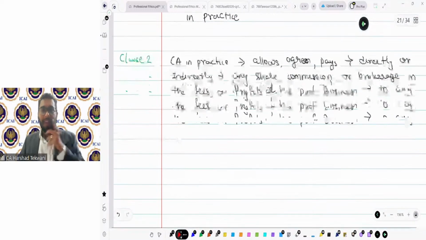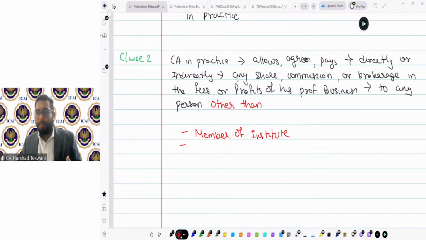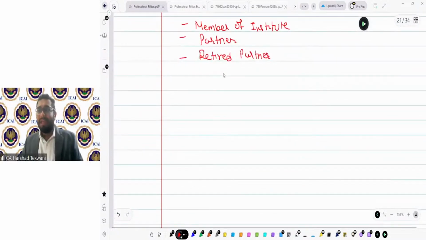Now, you can call this an exception: other than that, if he is a member of the institute, that is fine. Then he is a partner, a retired partner, or a legal representative of a deceased partner.